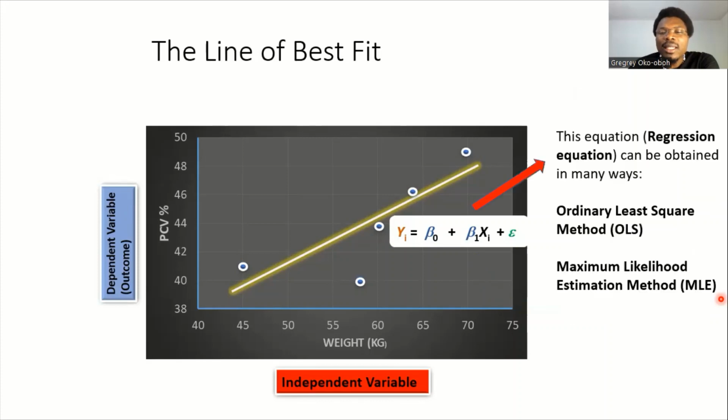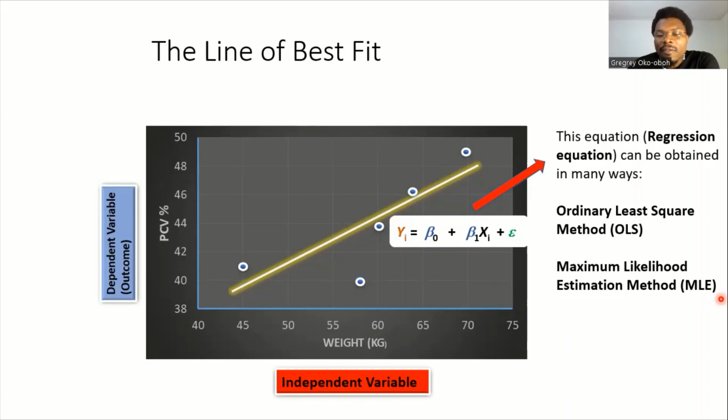So let's see if we'll be able to describe this line using this equation. For us to do that, there are methods that have been developed by mathematicians and statisticians. I'm just mentioning two here. There are others: the ordinary least squares method, the OLS, or the maximum likelihood estimation method, the MLE.